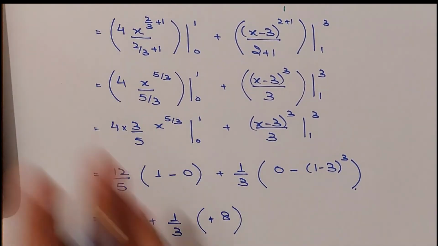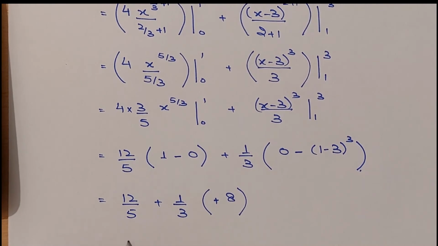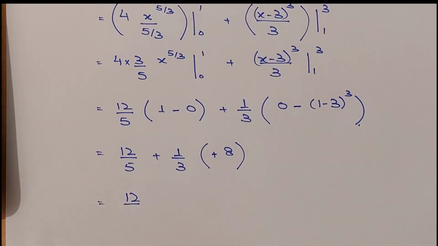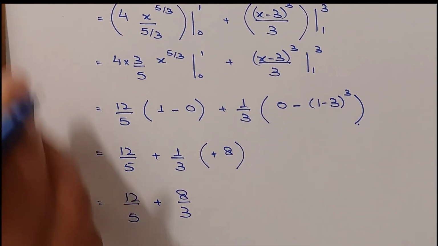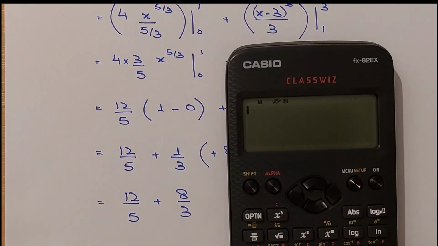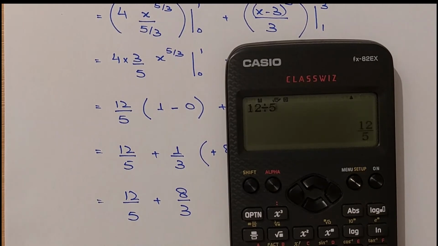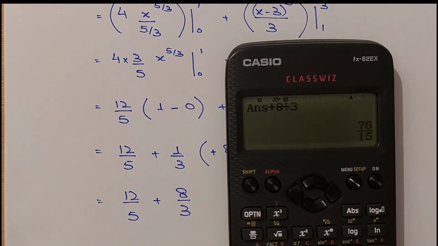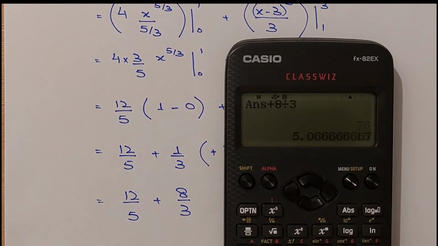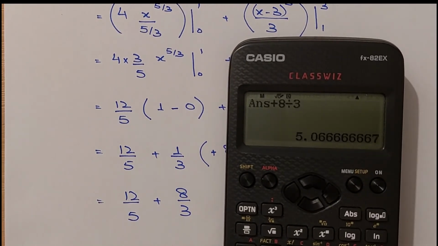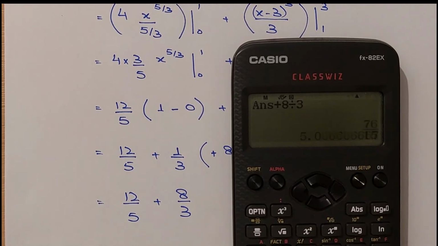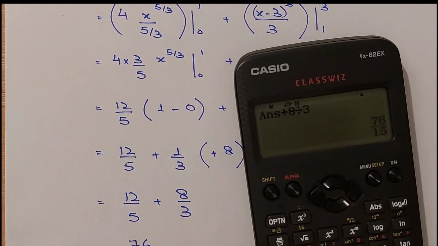We have 8. So we have 12 by 5 plus 8 by 3. Let me simplify this. 12 divided by 5 plus 8 divided by 3 is 76 over 15, or 5.067. Yes, this equals 76 over 15.